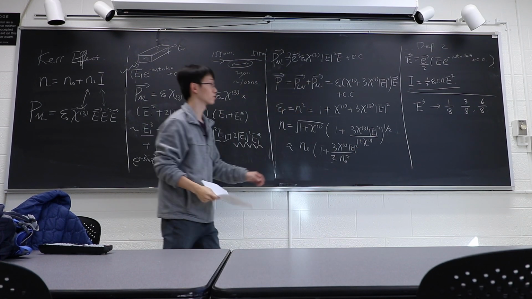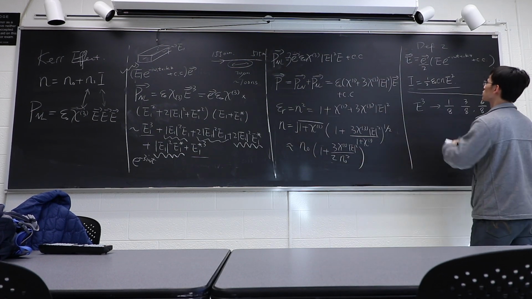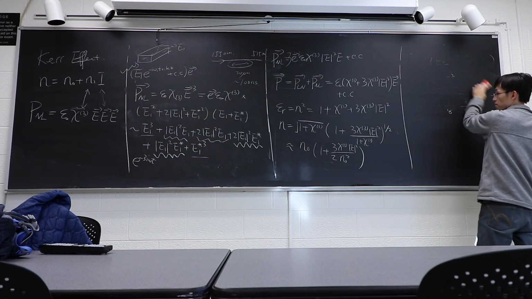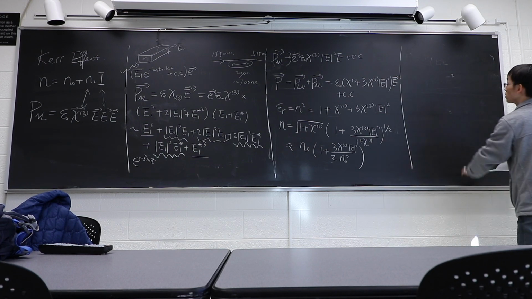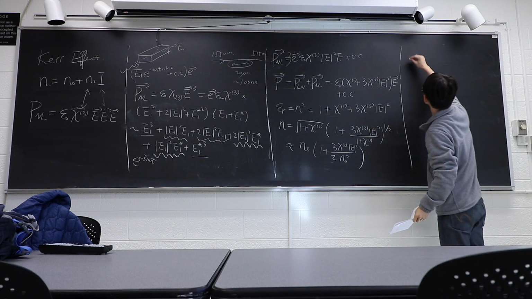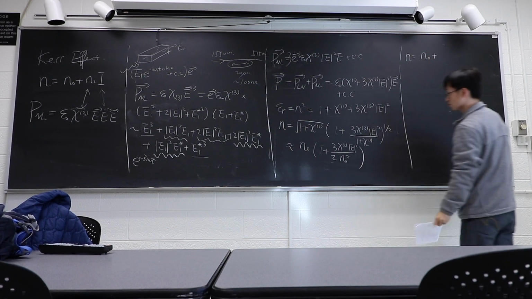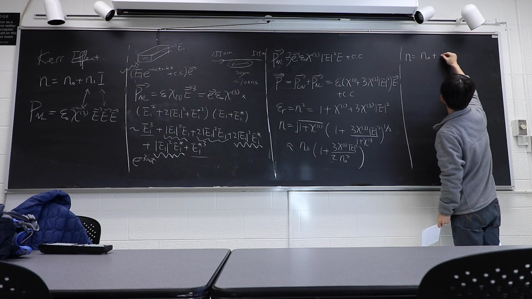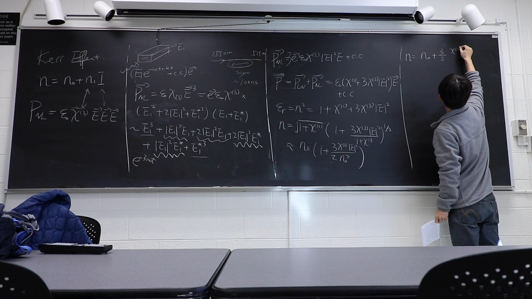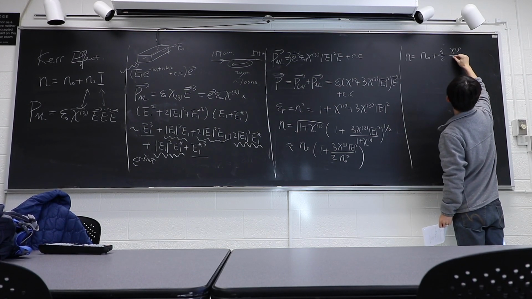Okay, this is what you get. The refraction index is n naught plus 2/3 chi3 over n naught.